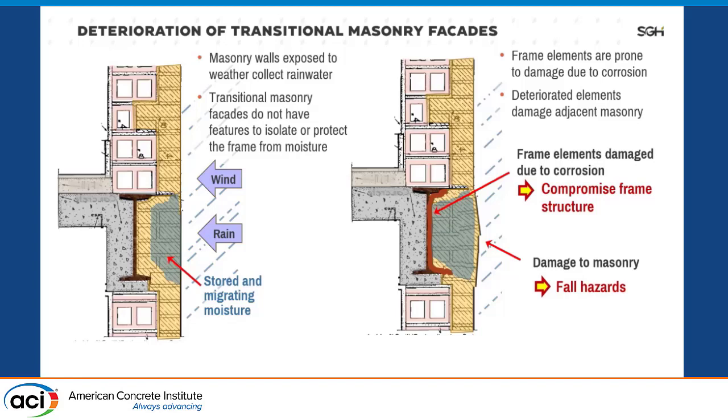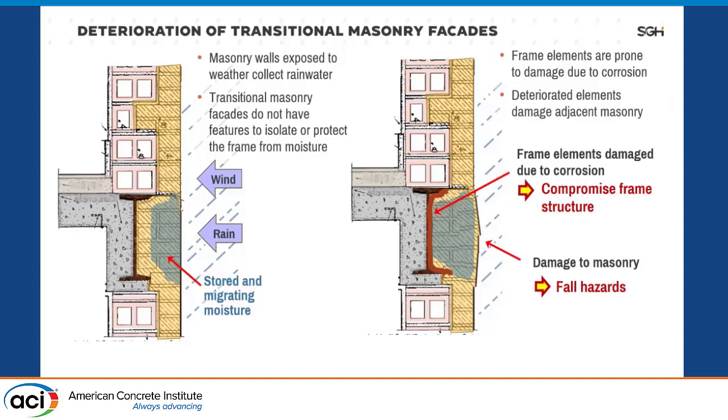Now, how do transitional masonry facades deteriorate? Masonry walls exposed to weather are going to collect the rainwater, are going to become reservoirs. And the transitional masonry design and construction does not have features to isolate or protect the steel frame. So therefore, the steel frame or the concrete frame are prone to deterioration.